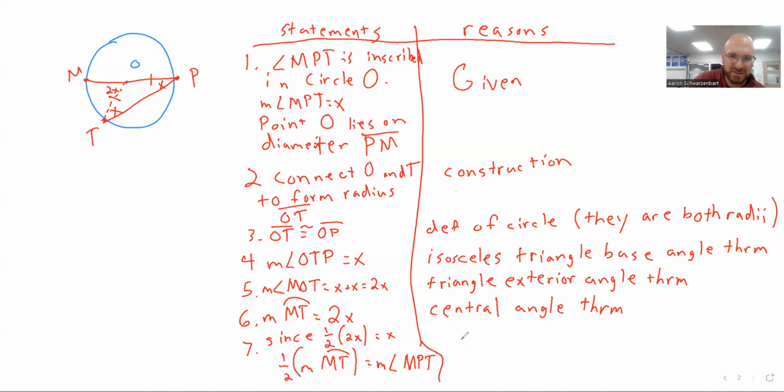And this is by substitution. And that is the statement for the inscribed angle theorem. So I have proven case 1 of the inscribed angle theorem. I'm not really done with the proof because I haven't proven cases 2 and 3. I'm going to let you do that. I want you to try working through it. I will help you in small groups at your tables.